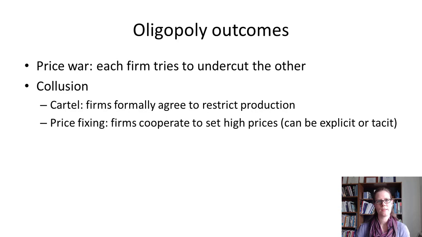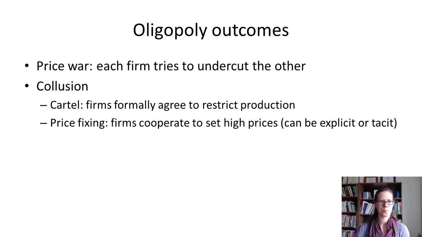So if you notice that gas stations in an area are all charging the same price for gas, that's usually not because the owners all called each other and decided to charge the same price. It's usually due to tacit collusion. Each of them continues to charge the same price that their competitors do. Explicit price fixing is illegal, but tacit price fixing may not be. The government has to prove that companies actually have an agreement in order for them to prosecute the firms for price fixing.